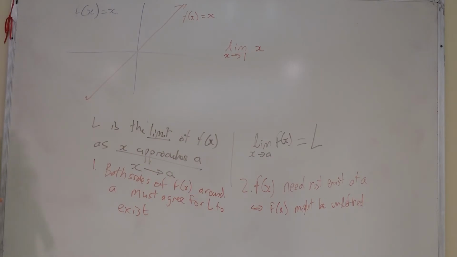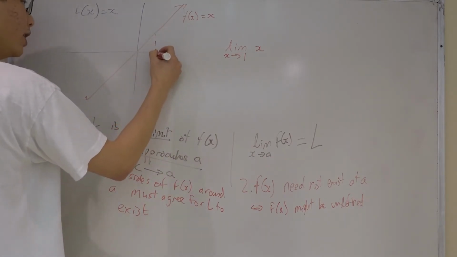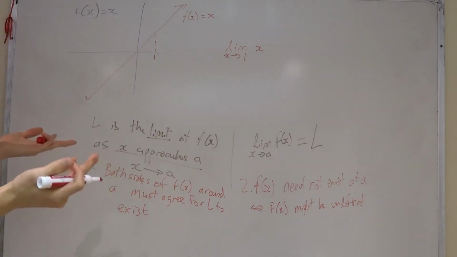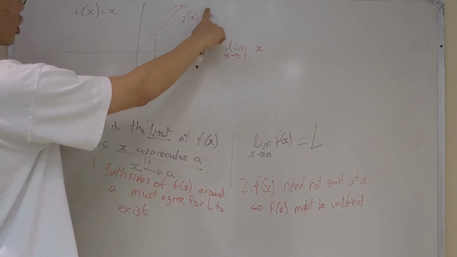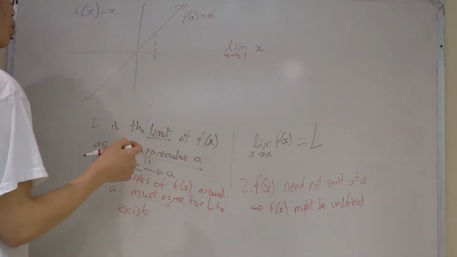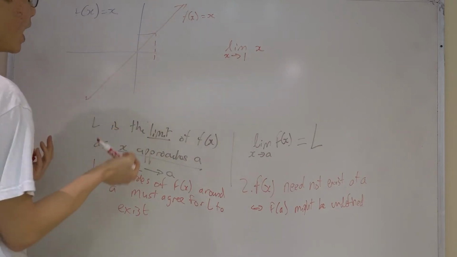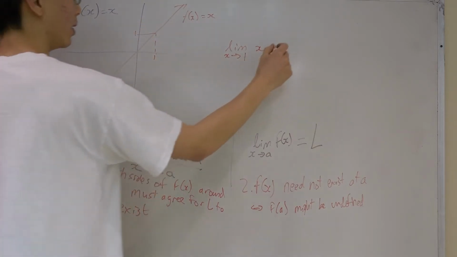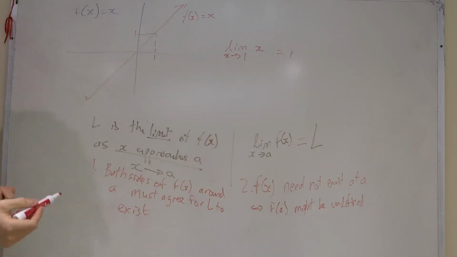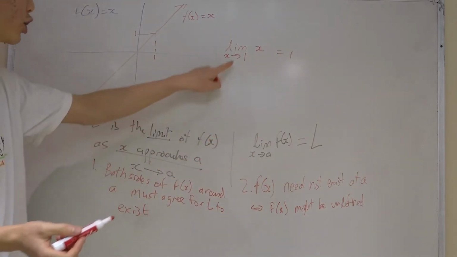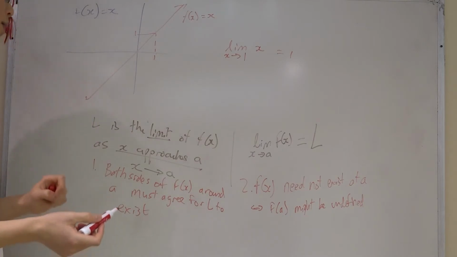Well, it's very evident. The function as it approaches 1 is approaching, well, f of x equals x, so it's just 1. The quick way of doing it is just taking 1 and putting it in there.